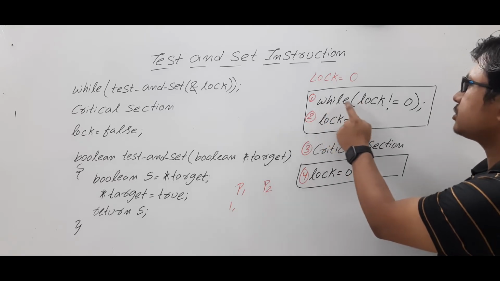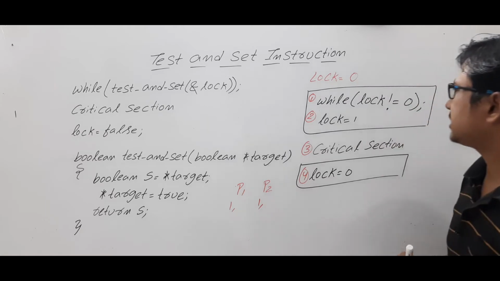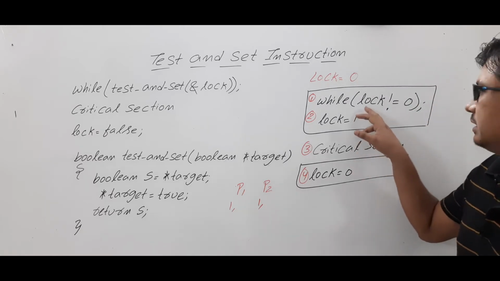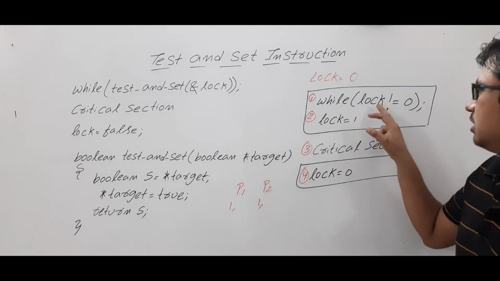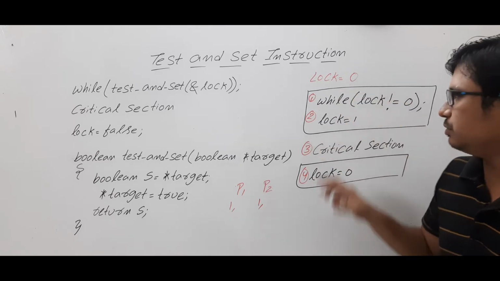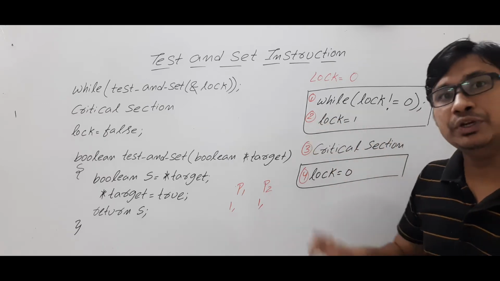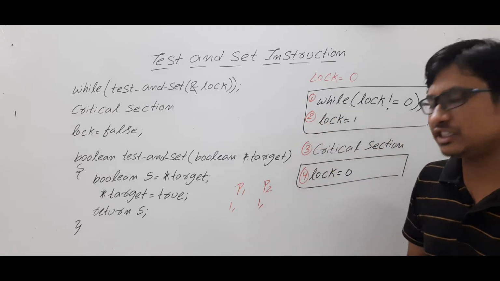So again process P2 will execute instruction 1. It will find that this condition is false because 0 not equal to 0 is not true; 0 is equal to 0. If this condition is false, process P2 can also execute instruction 2.